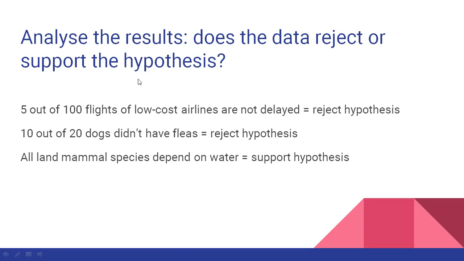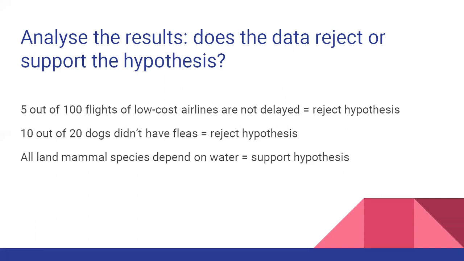So what type of scenario may we face? Suppose 5 out of 100 flights of low-cost airlines are not delayed. Then the question is, can we accept the hypothesis? The answer is a big no. Even if one case does not support it, we cannot say that this will happen in general, right?